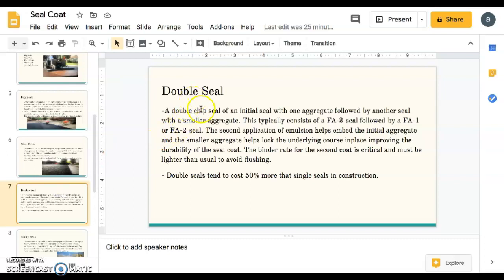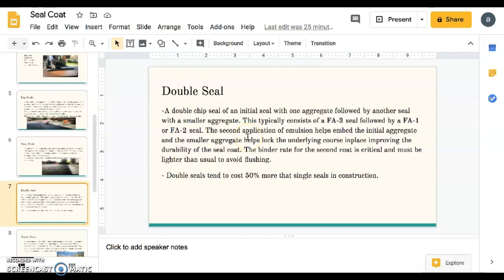Double seals. A double chip seal is an initial seal with one aggregate followed by another seal with a smaller aggregate. This typically consists of a FA-3 seal followed by either a FA-1 or FA-2 seal.